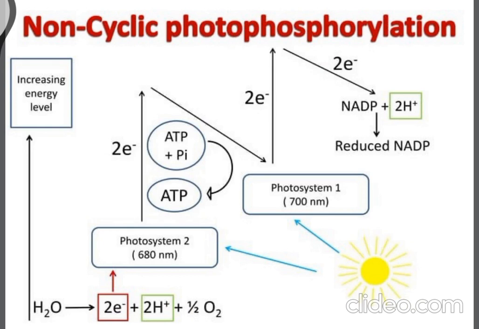In non-cyclic photophosphorylation, the energy level increases from photosystem II to photosystem I, producing ATP from ADP plus Pi, at 700 nanometer, then reducing NADP.